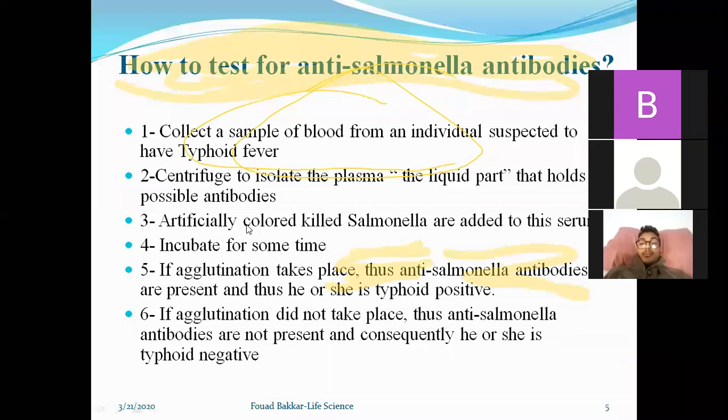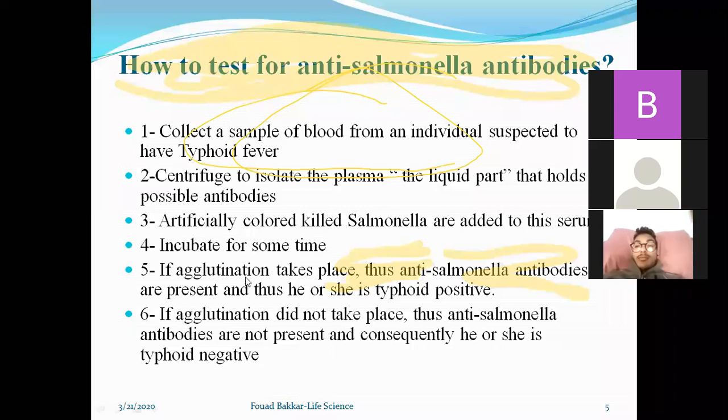This is why we can now add artificially colored killed salmonella. This killed salmonella is compatible with the expected antibodies, and because it is artificially colored, it enables me to see this reaction not only in its abstract form but concretely, because we can see the color. This gives us a confirmed positive or negative result for typhoid.